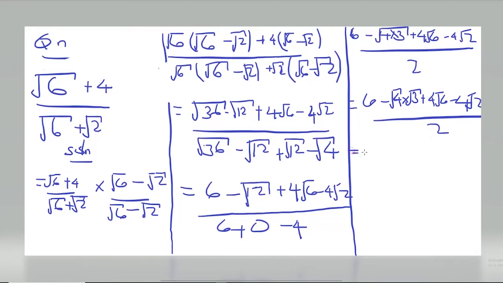Now this one will be equal to 6 under root of 2, then under root of 3, because under root of 4 is 2, then plus 4 under root of 6 minus 4 under root of 2 over 2. This is the final answer of the expression there.